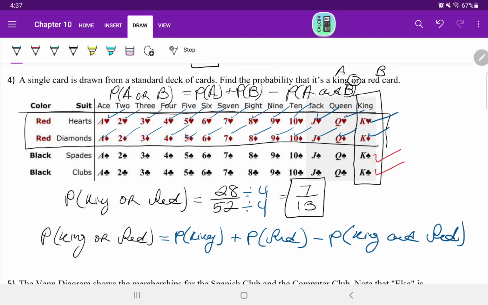And the reason why we're subtracting at the end is to take into consideration eliminating where we have double counted.